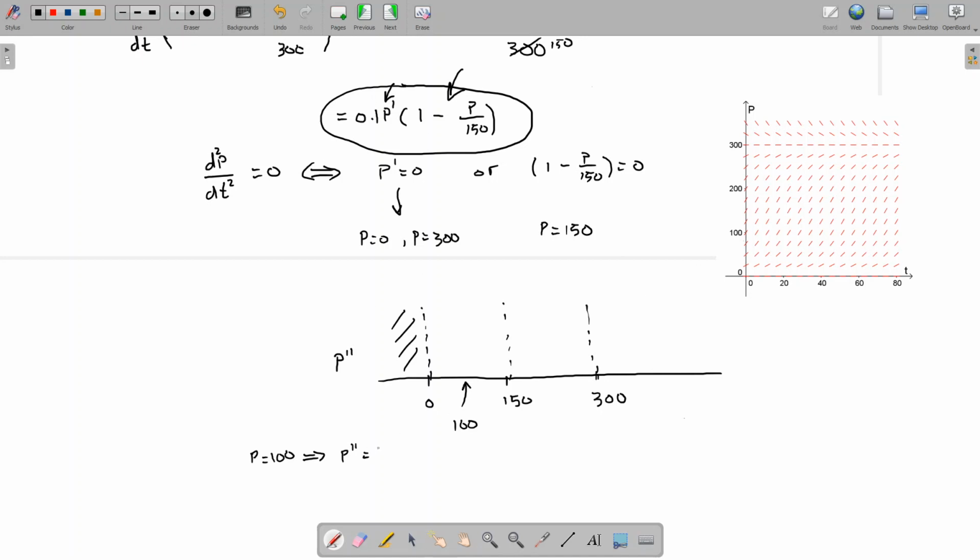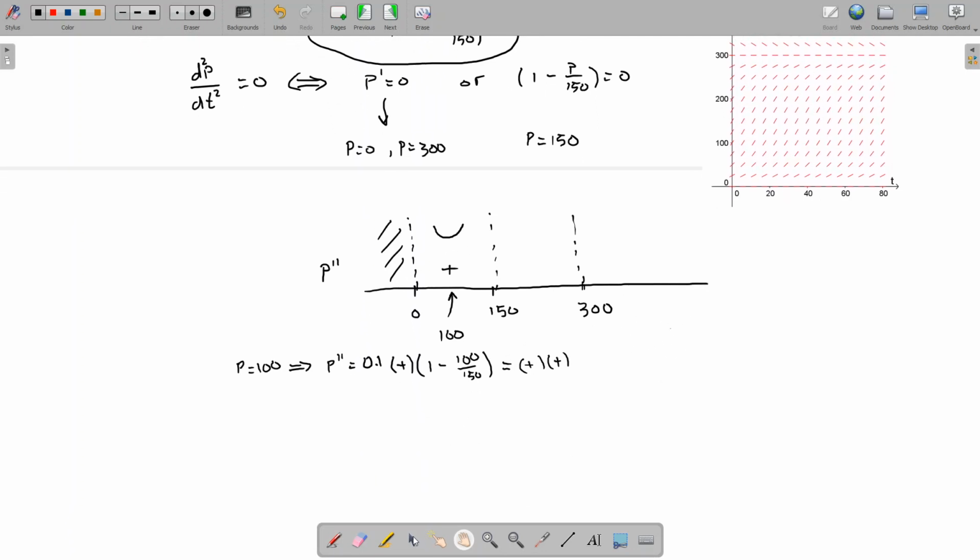So the second derivative, that first part, it's going to be 0.1 multiplied by some positive number. I don't really care what it is, but it's a positive number, multiplied by 1 minus 100 over 150. Right, just plugging everything into that expression there. This is also going to be a positive number. So what we end up with is a positive times a positive. Right? Positive on the first part, positive on the second part. So it's positive, which means we are concave up there.